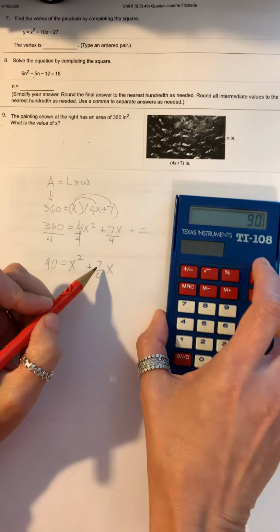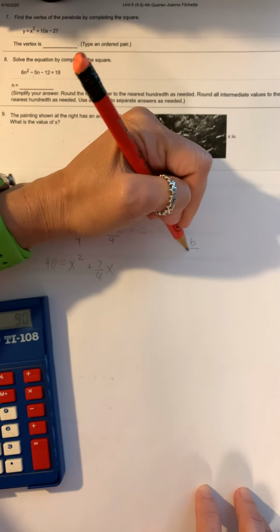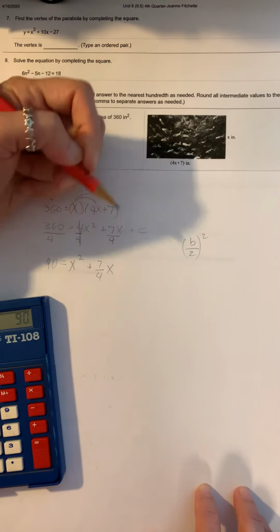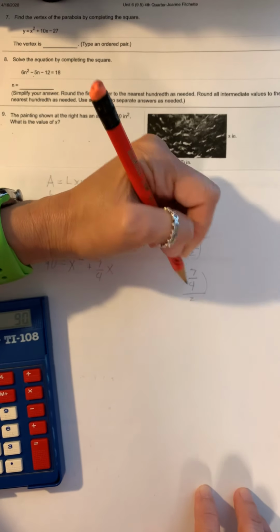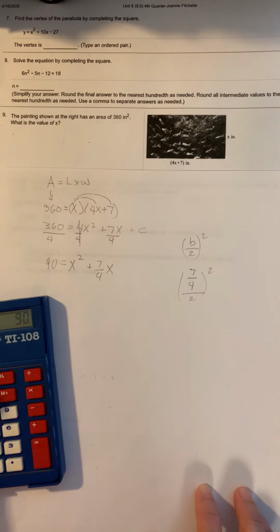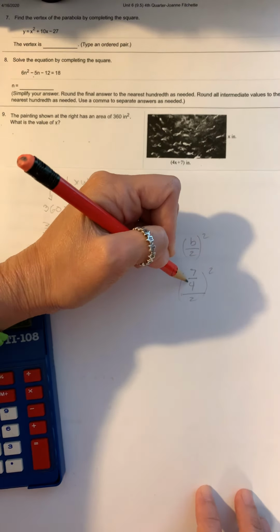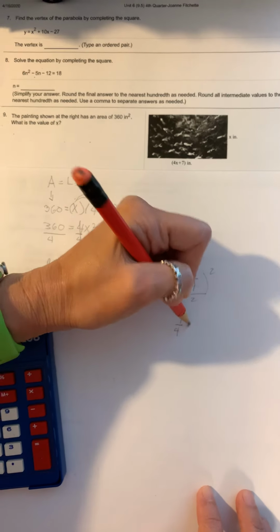Okay. Now we can look for our c. Well, here's the b. Remember I'm just going to move this over here. The formula we're using is b over 2 to the second power, where our b is 7 over 4. So we discussed this before. 7 over 4 divided by 2, technically to the second power. Well, there's no such thing as division. I'm going to keep, flip and change. So 7 over 4 stays. This becomes a times.